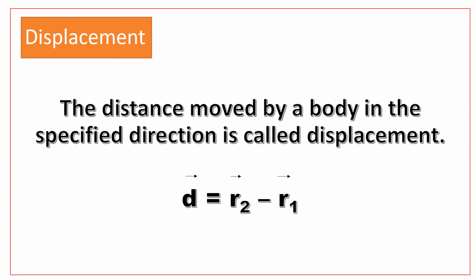It means that if I have to move 5 kilometers, the magnitude, in the east direction, which is specified for my motion, that is called displacement. If I only describe the direction or only the magnitude, that is not a complete description of the displacement.